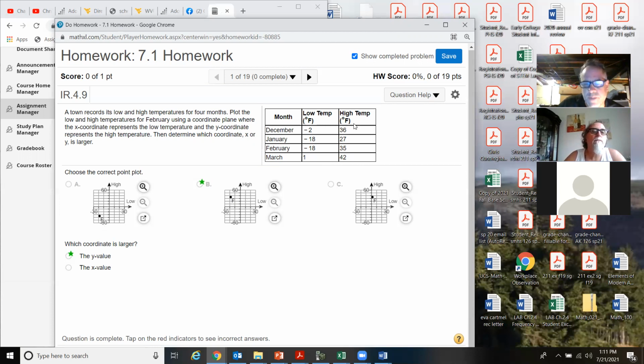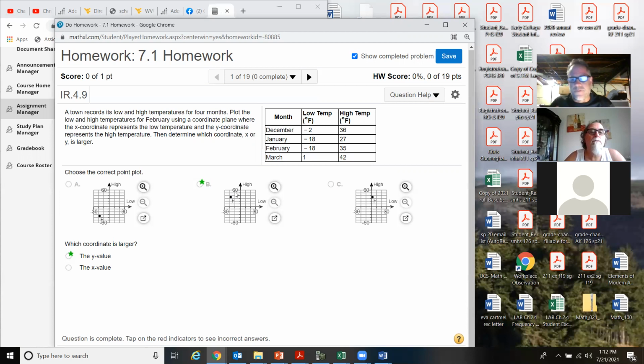The y coordinate is supposed to be the high temperature. Notice the high temperature is 42. Now this goes up to 60, and you would be going by tens, 10, 20, 30, 40, 50, 60. So here's about 40, and notice this is a little bit above 40. So over negative 18, up 42.